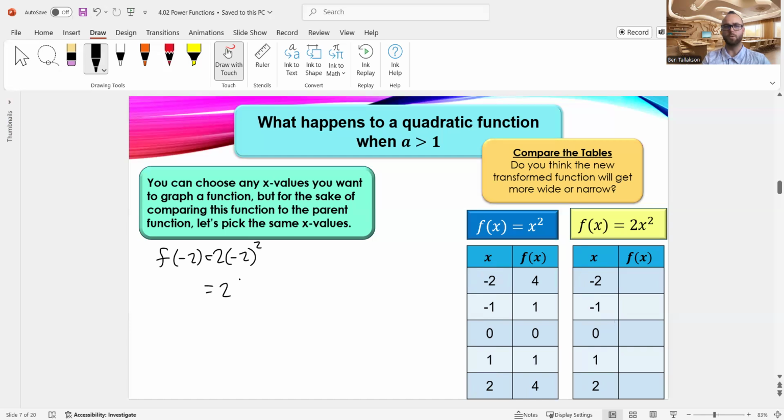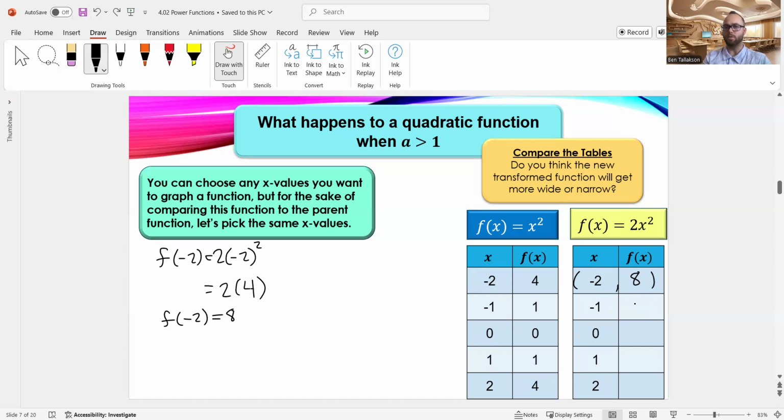I'll do the first one for you. Negative 2 squared. So when x is negative 2, y is 8. That's what that means. Remember, these are all ordered pairs you're finding. Okay? Well, notice what's happening here. You're multiplying everything times 2. So all of the y values are going to be multiplied times 2.